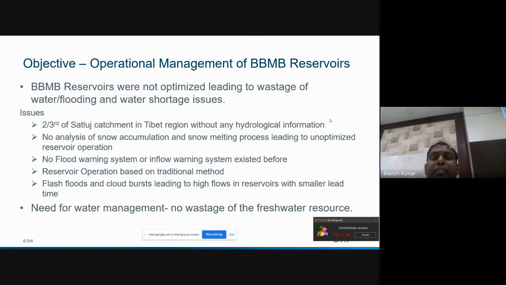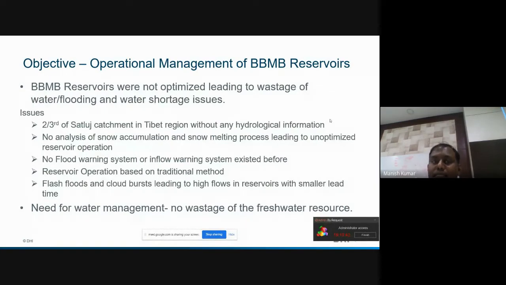The second problem is that almost 65% of that catchment is snow fed, and then you also need a snow melt model or a snow forecasting model to analyze how much flow will come, especially during the lean period.